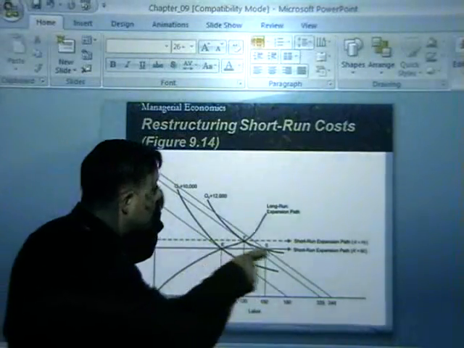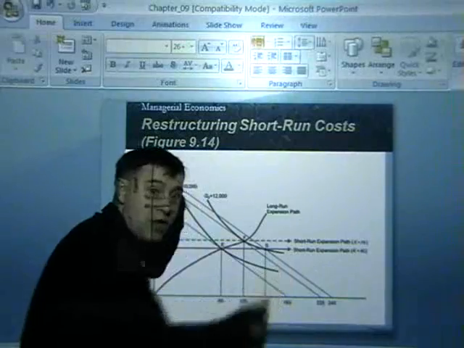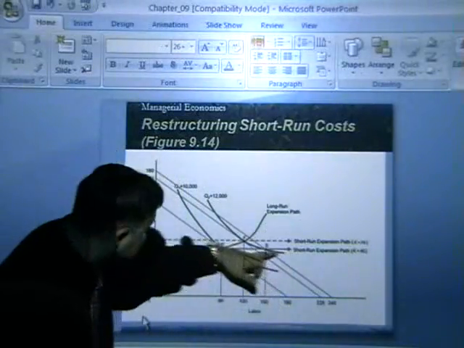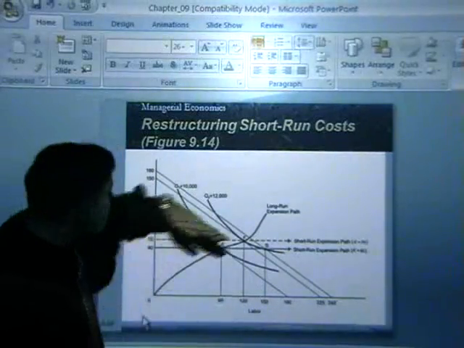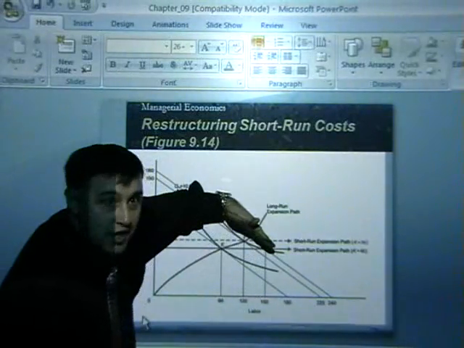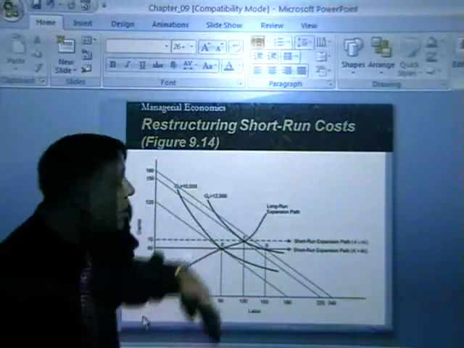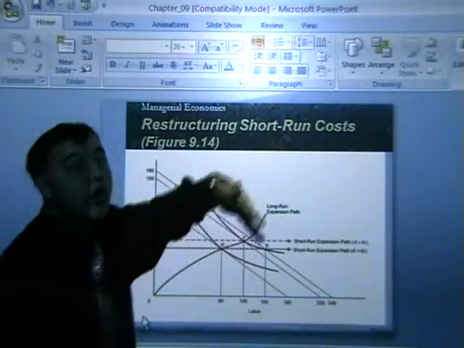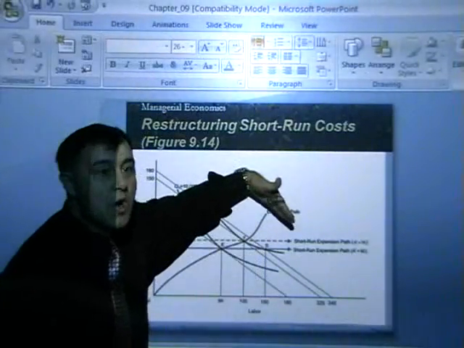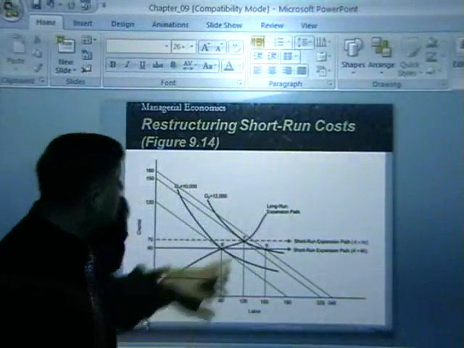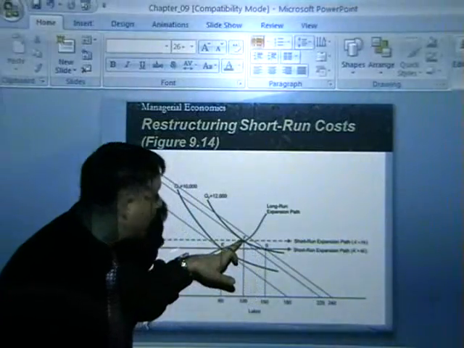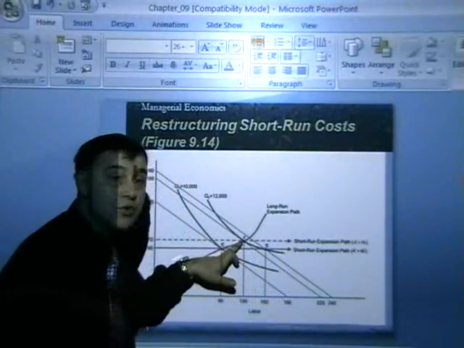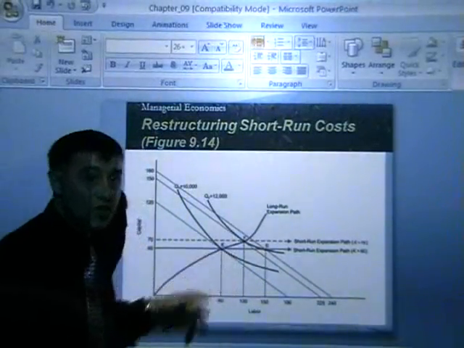It is less efficient because you retain the same quantity of output, the same quantity of 12,000, but you attain it at a higher cost, in other words, at a more outward isocost curve. So, in the short run you can expand, and then over time you may move back to a more efficient point.